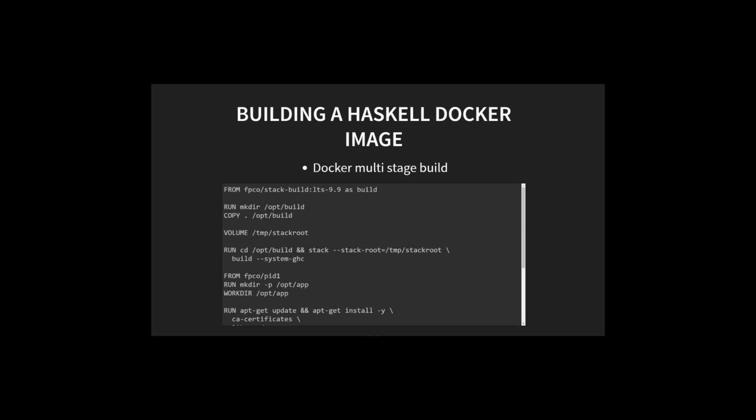So here, we are using Stack to build our application, and it's going to save those executables in a certain path, which we'll see down below. And here, the second phase, we're just installing some runtime dependencies, and we're basically copying over the binaries from the previous build step into this image.